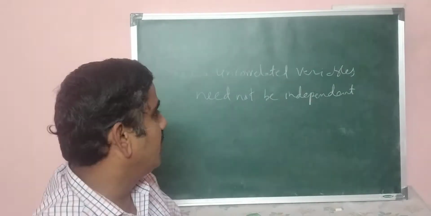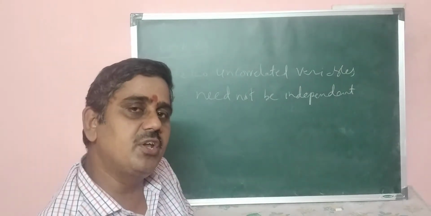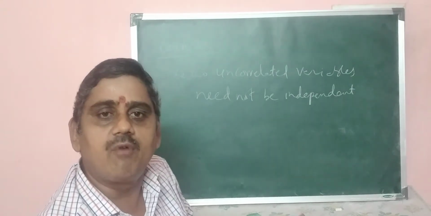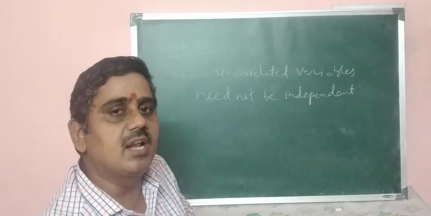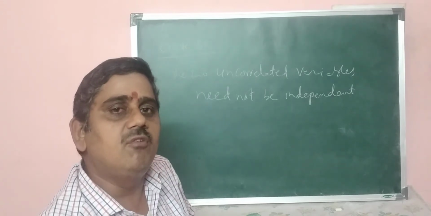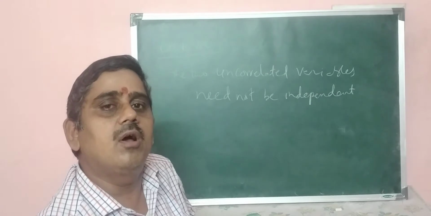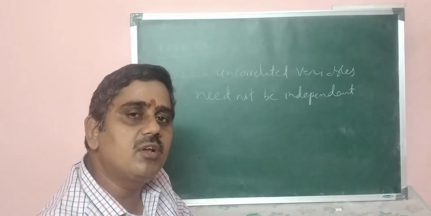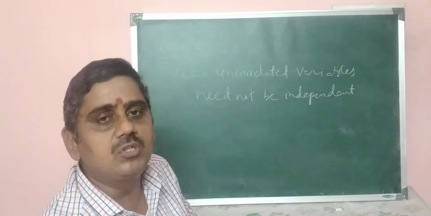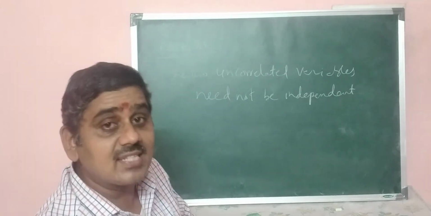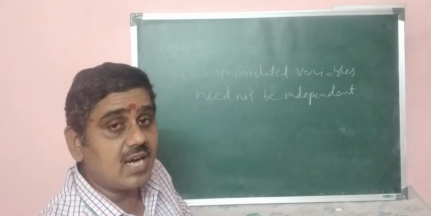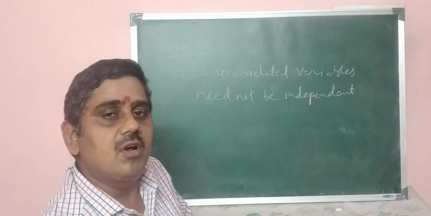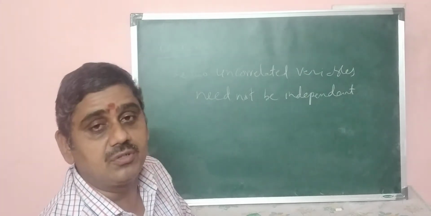For this particular property, you have to consider particular values, a certain relation, and calculate the correlation coefficient, so that we can give the conclusion that they are not independent in a case where r is equal to 0.